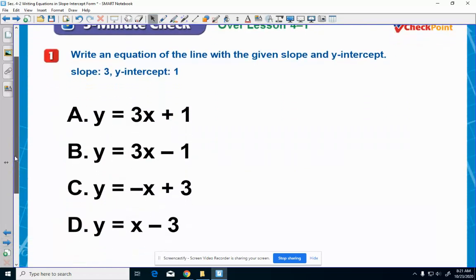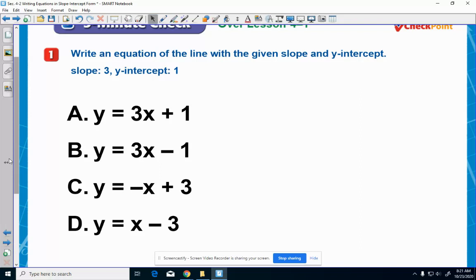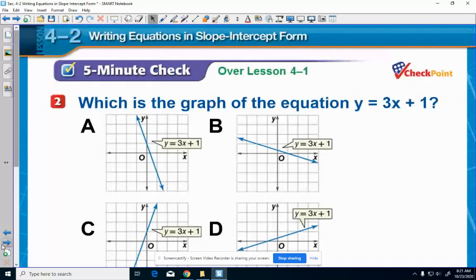Just for a second, which one of those is the correct choice, given the information that you see? A? Okay. What about here?